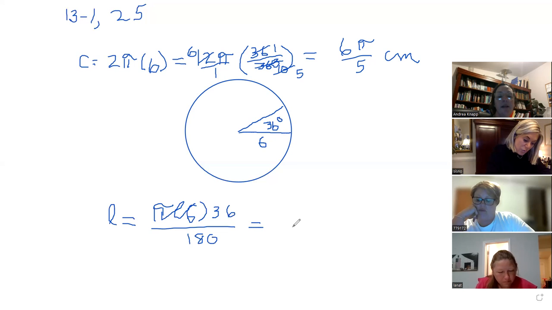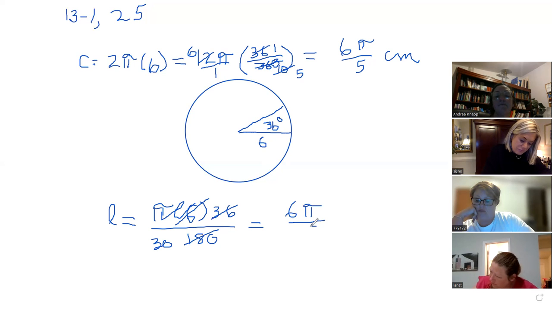And if we simplify that, first of all, 180 divided by 6 would be 30, right? Yes. And then the 36 and the 30, we can divide both of those by 6. So we're left with 6 pi over, and 30 divided by 6 is 5.